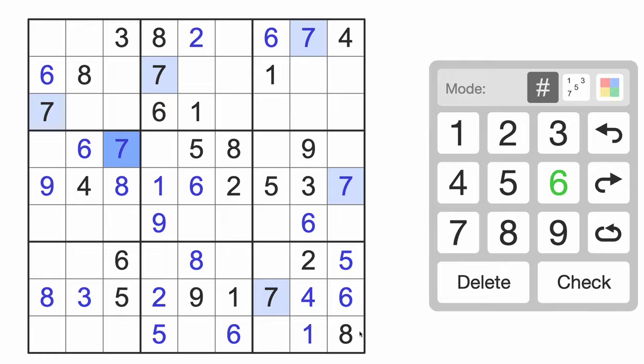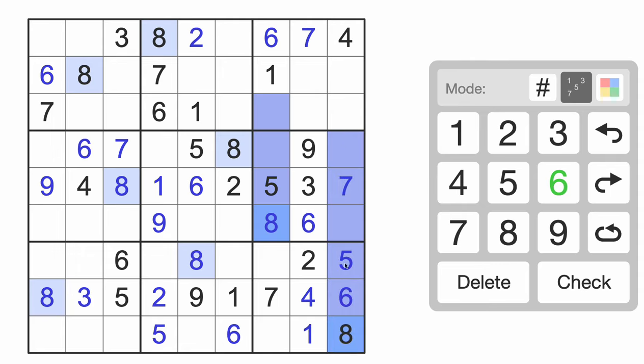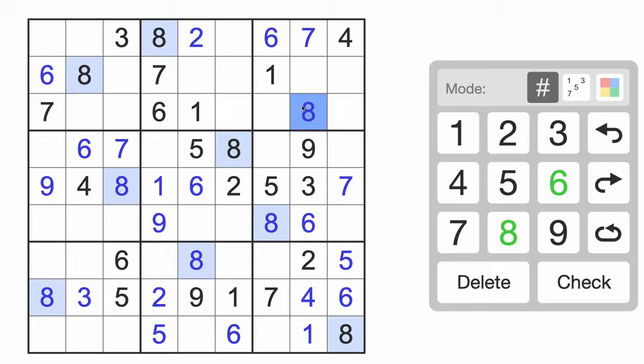Oh, and I can place 8 in box 6. And I can place 8 in box 3 here. And the last number of this column is 5.